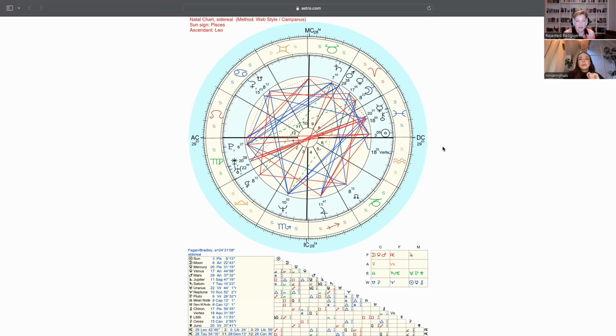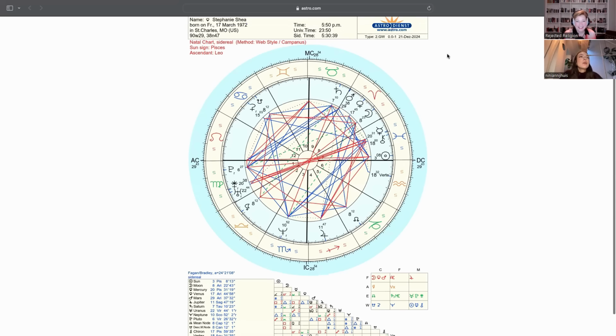All right. So if we can bring up my natal chart and put that on the screen. So this is the snapshot of the sky when I was born. Can you also see my cursor? Yes, I can. Okay.